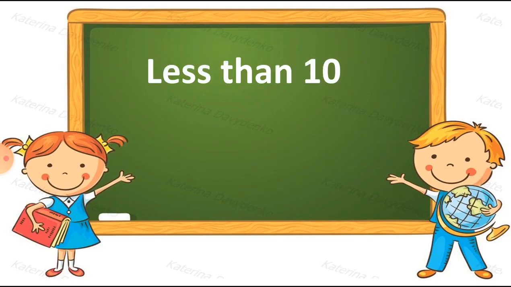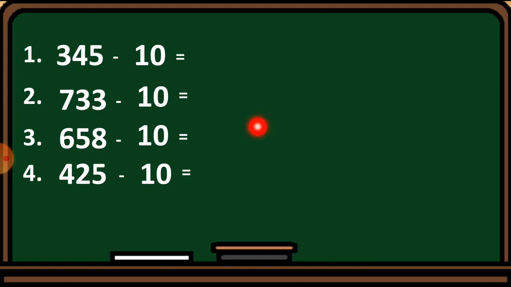The next one is less than 10. What does it mean? It means minus 10. It means take away 10. Let's see how through the examples. Here is the example, students. Same way as we added 10 in the previous examples, here we cut 10. Here is 345.